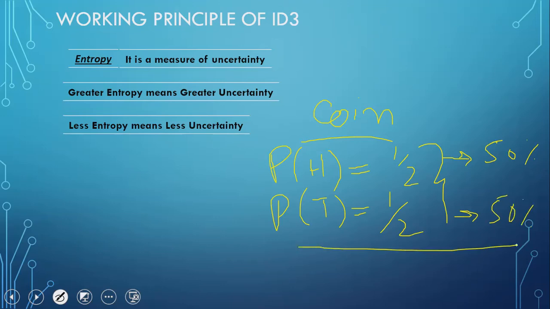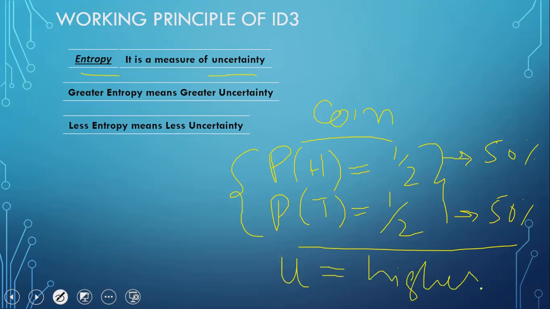That means in terms of uncertainty or entropy, we are equally uncertain. We are highly uncertain in this case. At this point of time, we are highly uncertain what will be the outcome of this trial. It can be any of the two events. So at this point, we say that the uncertainty is highest.